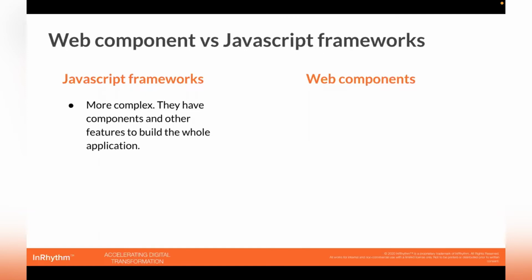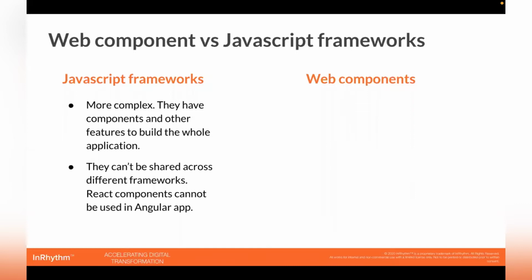You can have routing, you can have state management, anything that you need to build the whole web application can be done by frameworks. But the bad thing is that those components cannot be shared across different frameworks. You cannot use a React component in an Angular app.